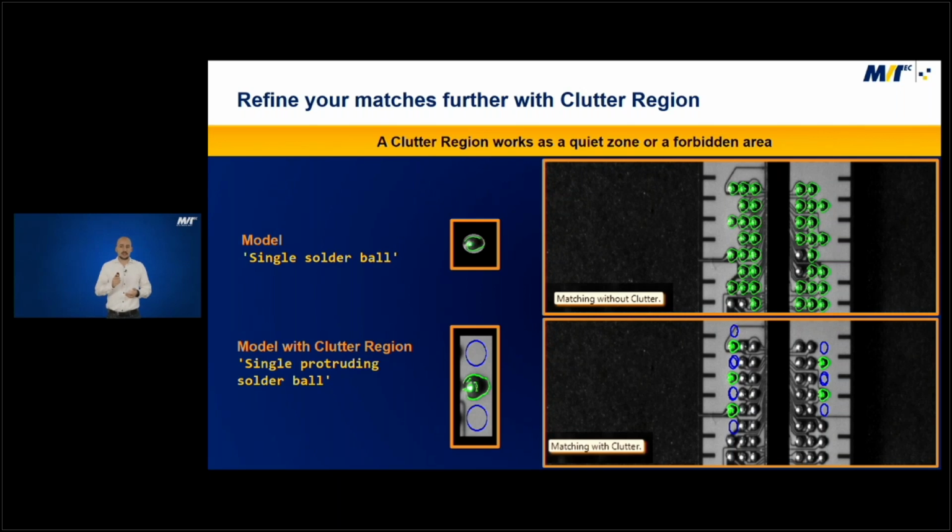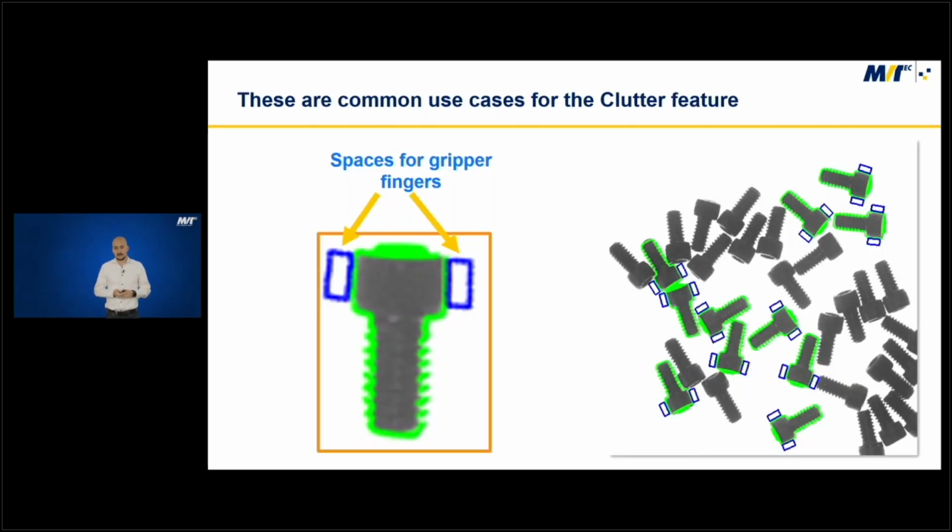Let me give you another very good and common example for this feature. Just imagine you have an application where you want to grip this kind of screws. And to grip these screws, you need to have spaces for the fingers to grip around the screw head. Here you can define these areas as clutter areas, and your matching result will not be all screws inside the image.